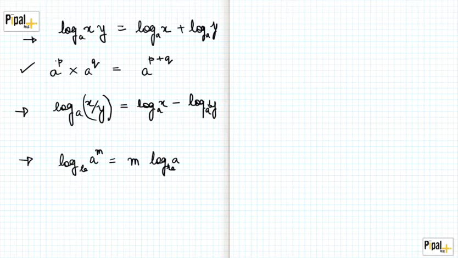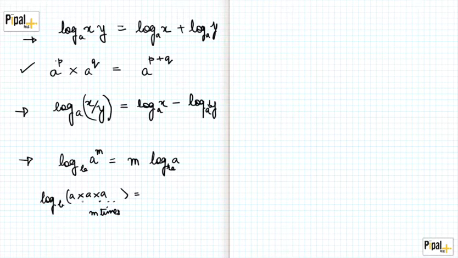Now what we can do here is write the left hand side. I'm going to quickly derive this for you. The left hand side is equal to log base b of a into a into a, and I'll continue to multiply this m times. Now I know that the log of the product of two numbers is equal to the sum of their respective logs.